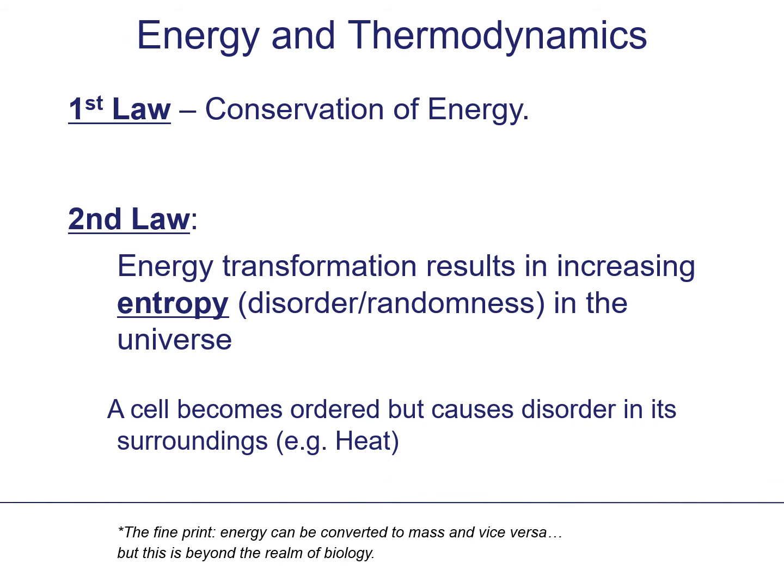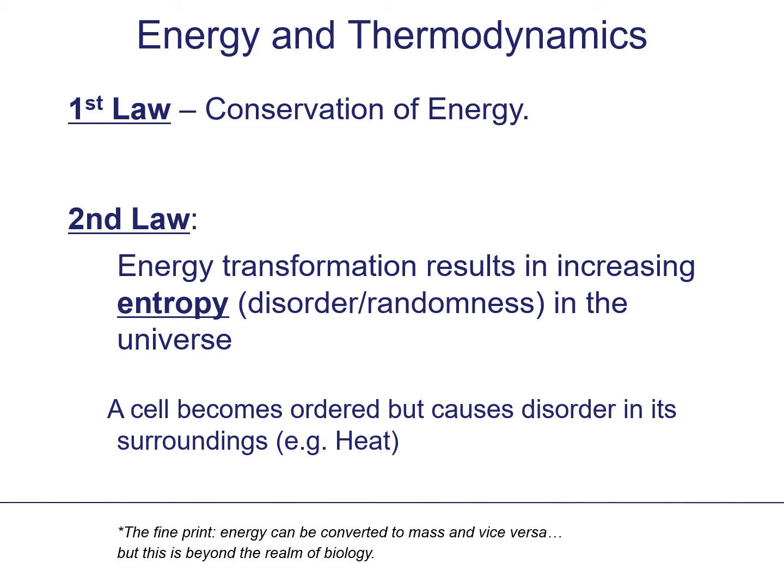The second law of thermodynamics is that whenever we have energy being transformed from one form to another, we have an increase in disorder or randomness in the universe. And entropy is a measure of disorder or randomness.